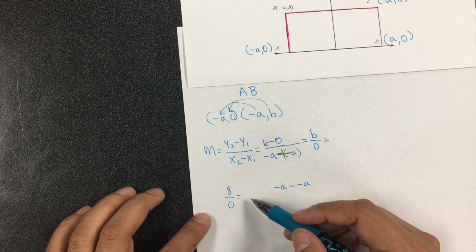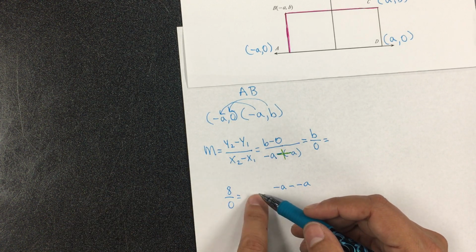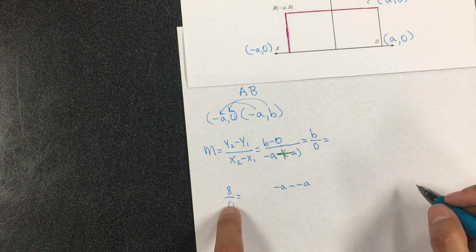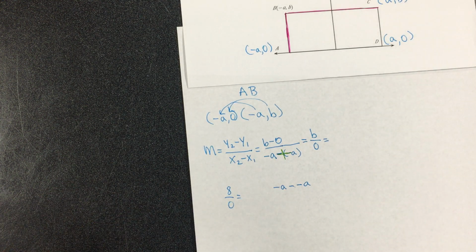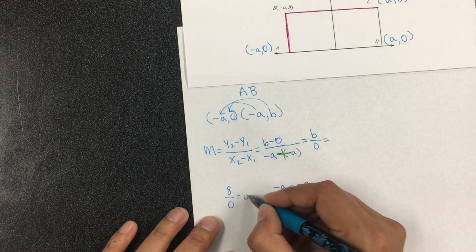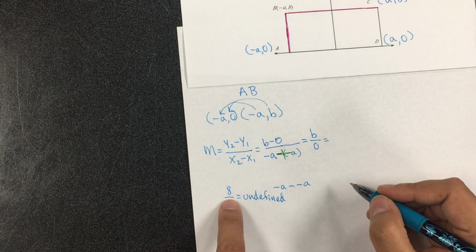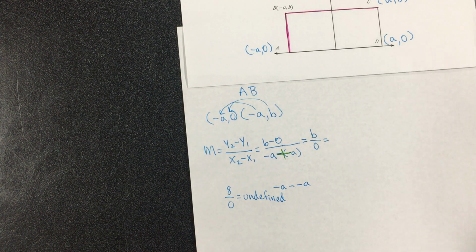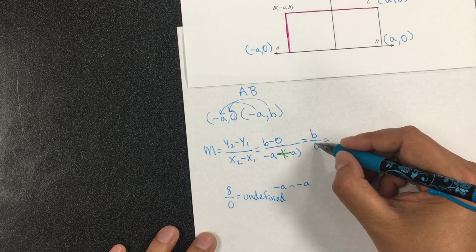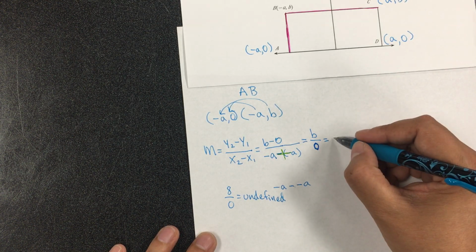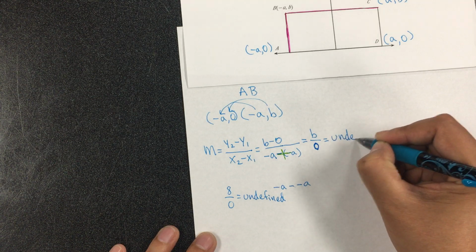How many pizzas does each person get? If you say 8, okay, who gets those 8 pizzas? But if you say 0, then what happens to the 8 pizzas? So that's why we call this undefined. It's not possible to solve, we can't really tell. So whenever you have a 0 as the divisor, it's going to be undefined.